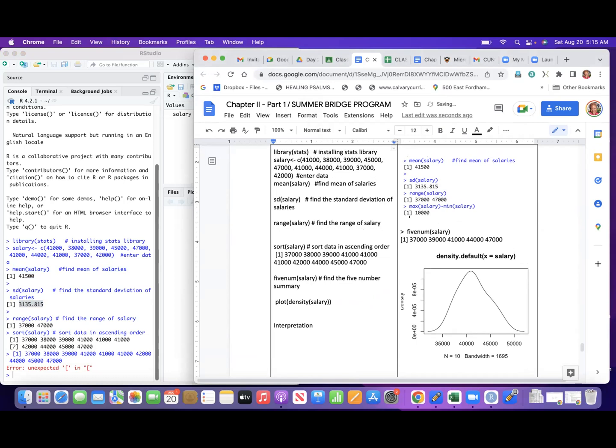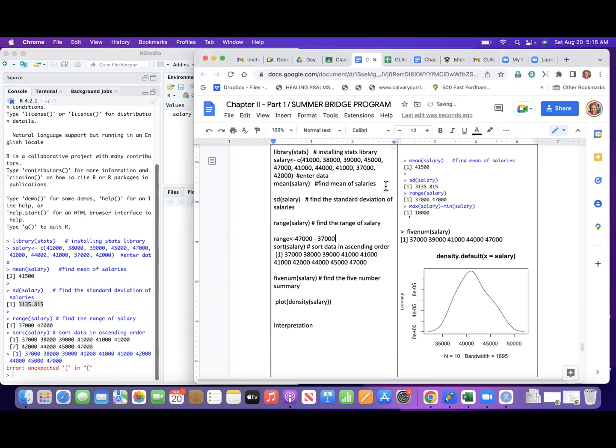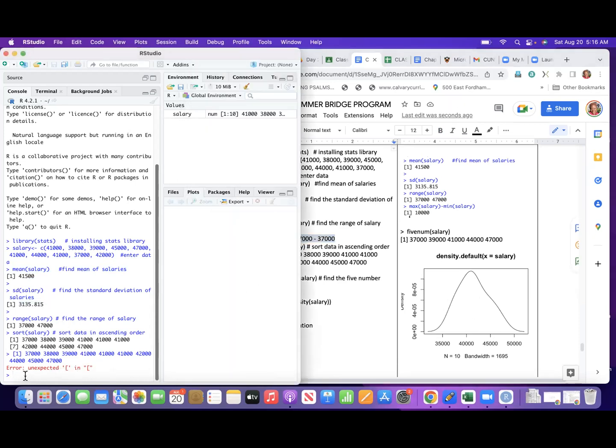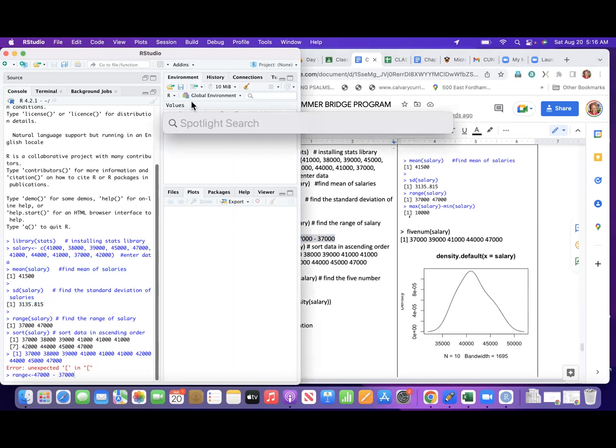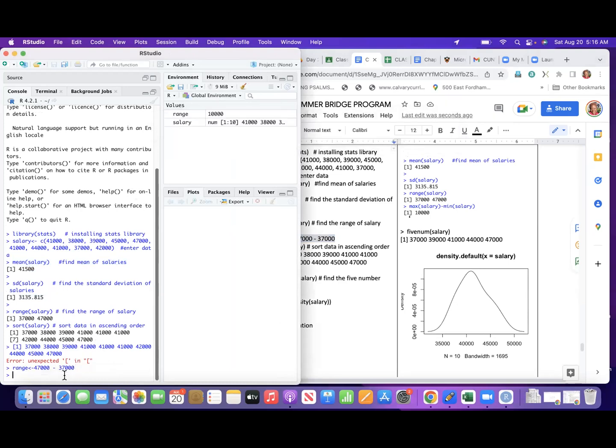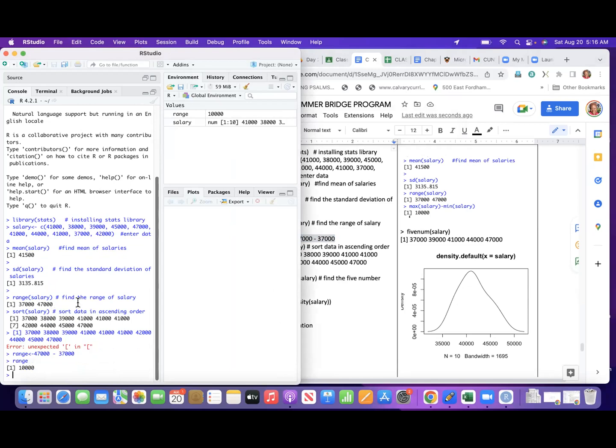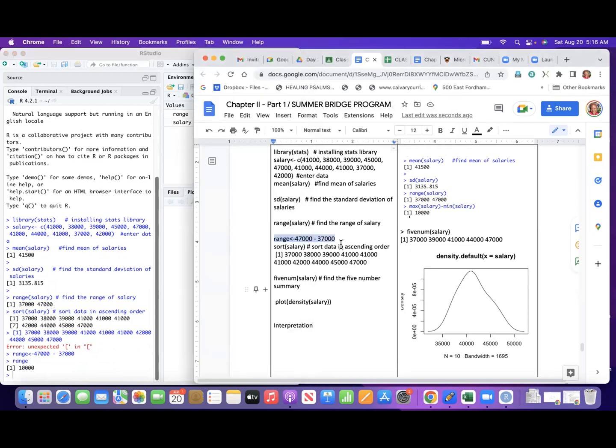So your range is pretty much equal to, I could do something like this, where I write down 47,000 minus 37,000. Yes, that will be my range, the range of my data. Okay, let's type in range. So your range is 10,000.